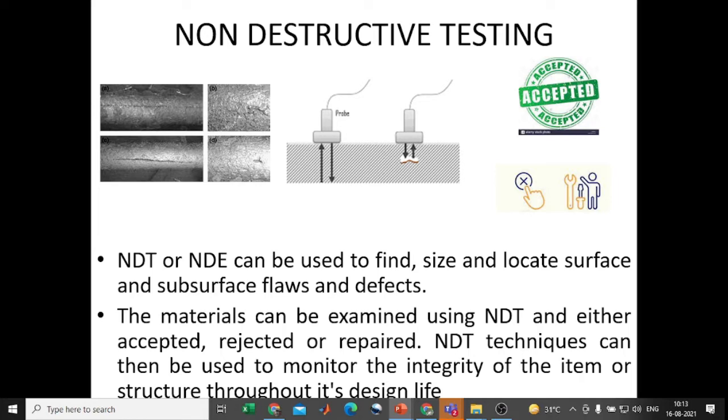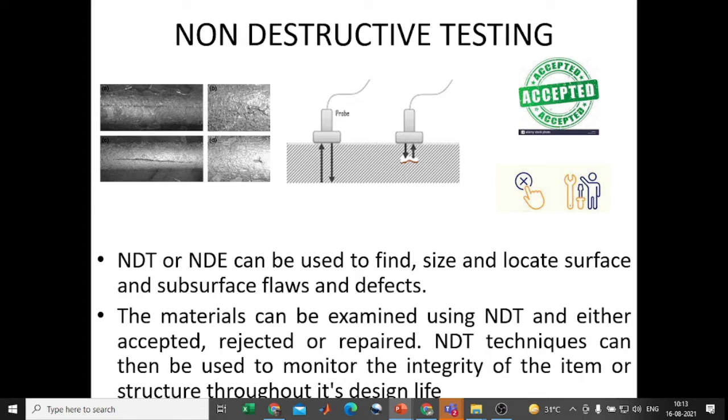So non-destructive testing has advantages. We can examine the defects that are inside the material. Based on these inspection methods, we can accept the workpiece material for applications or reject it.